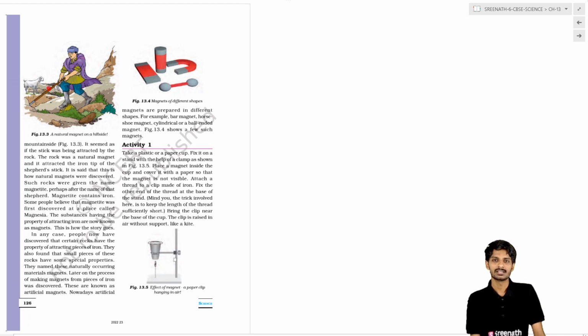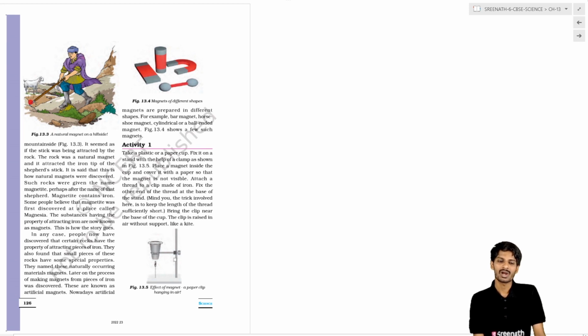His stick was stuck to one stone, and he is trying to pull it. He tries to pull it from that stone, but it is stuck tightly, and he applied some more force to drag it. So finally he got his stick.